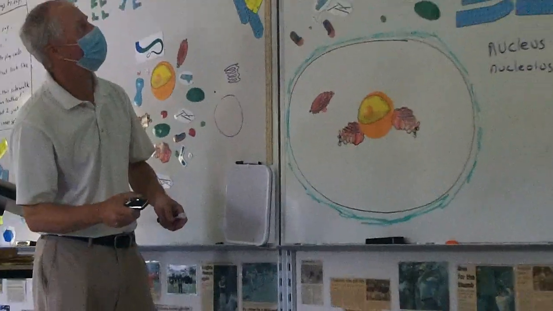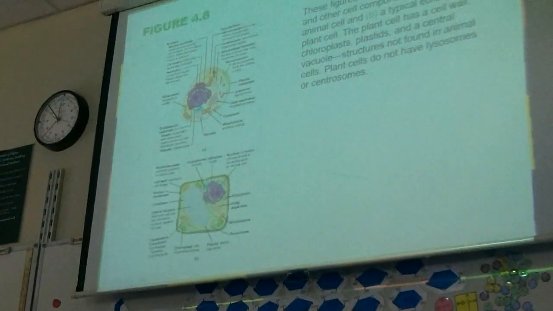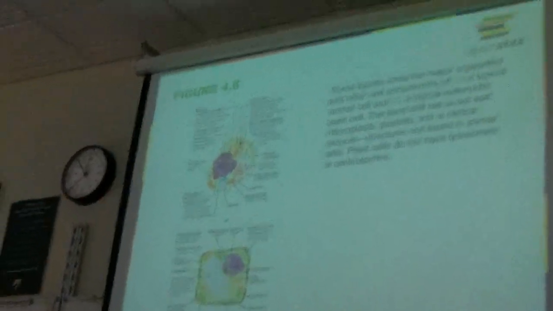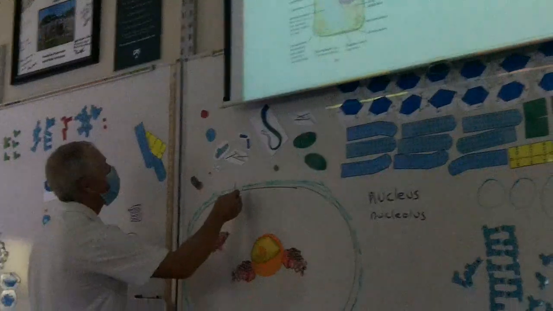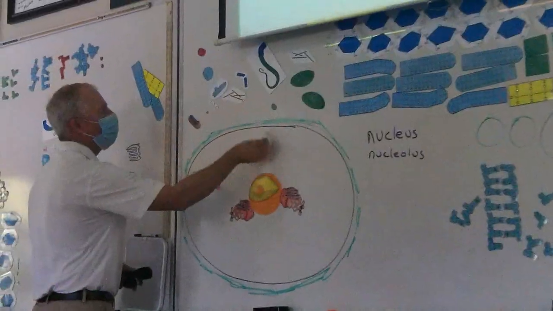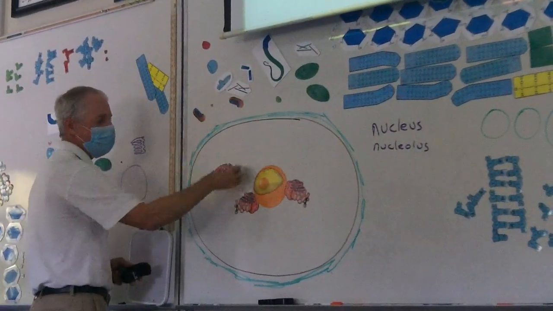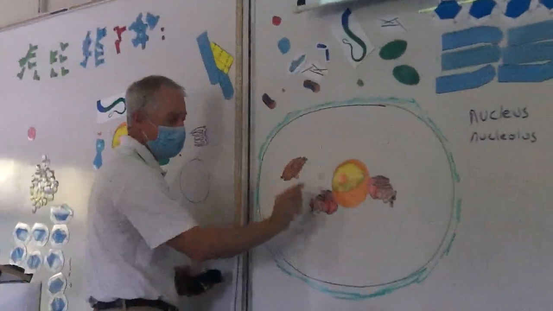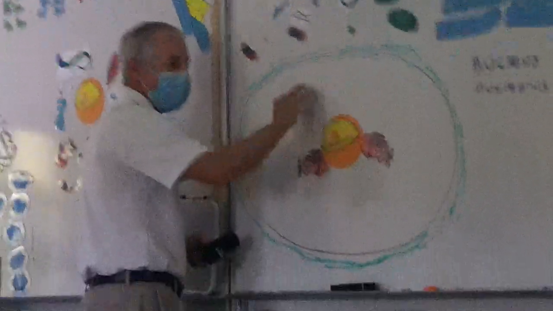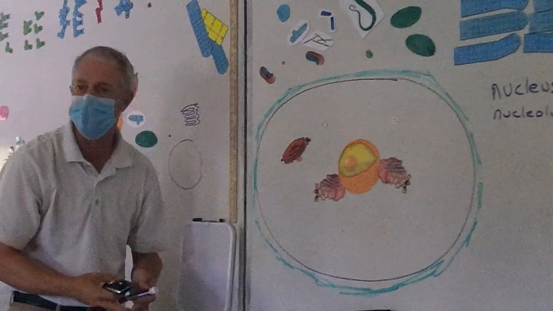There's usually several Golgis around cells. Some cells have many Golgis, some cells just a few. There's one there. There's one there. Then what else? Ribosomes. Sometimes ribosomes are attached to the ER. Sometimes they're floating freely in the cell.